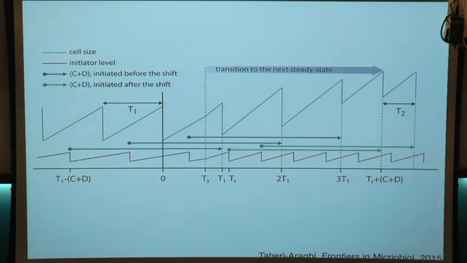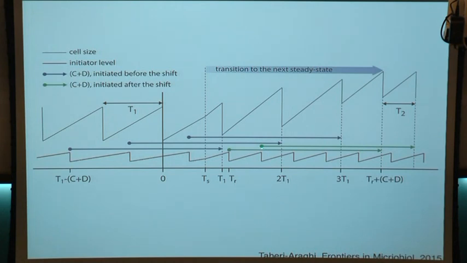Yes. The cell size at the time of initiation in the blue before shift up seems to be smaller than the cell size at the time of initiation in the green one. I completely lost you because I missed the first three words. Can you please repeat that? The cell size before shift up. You're talking about these lines. Yeah, before shift up, seems to be smaller than the cell size after shift up. So look at the second green point.